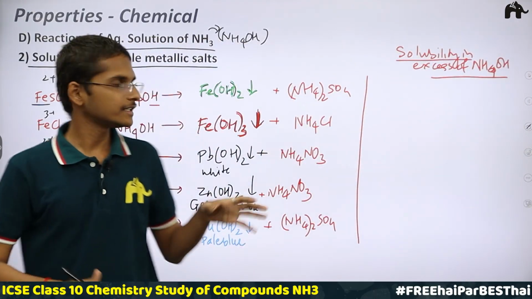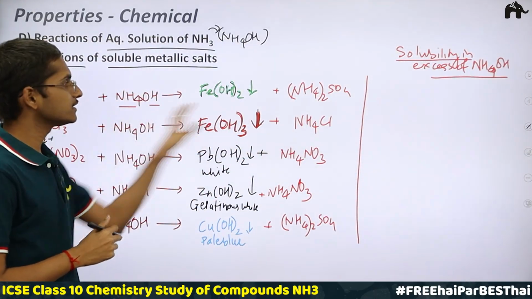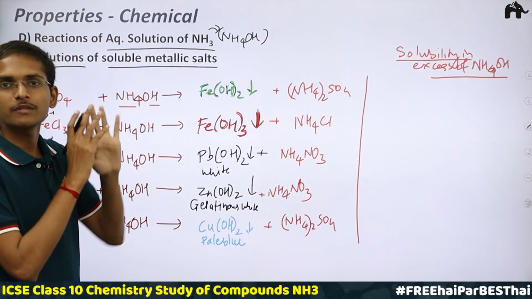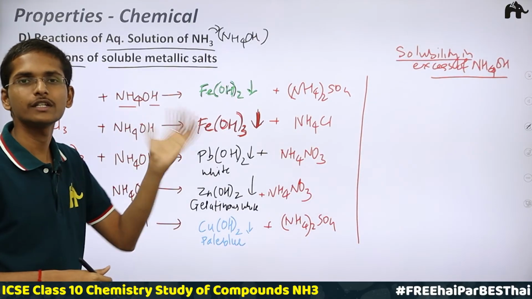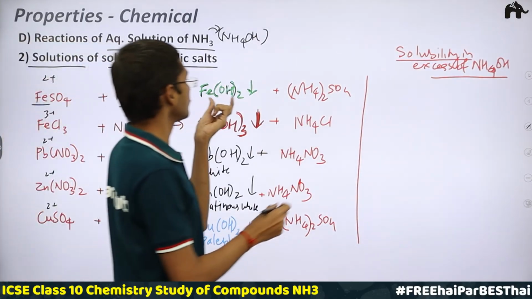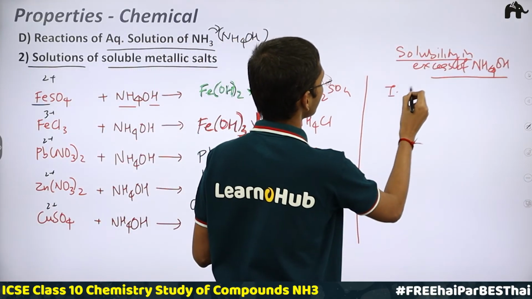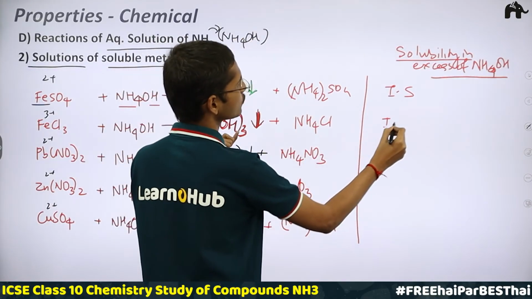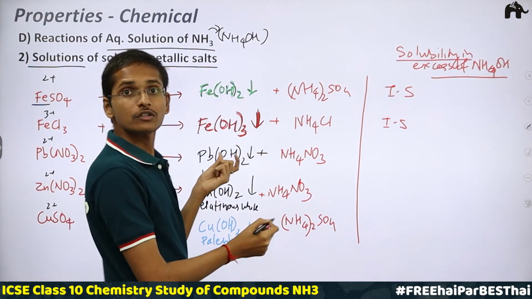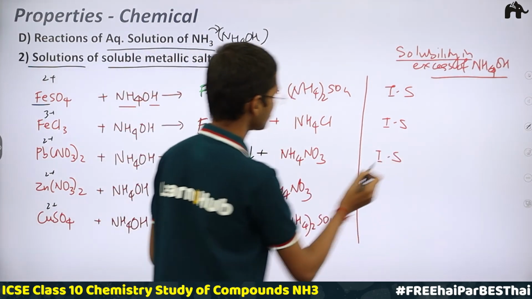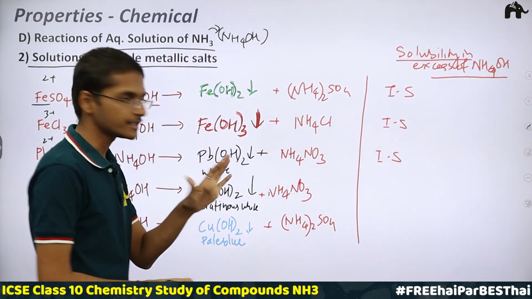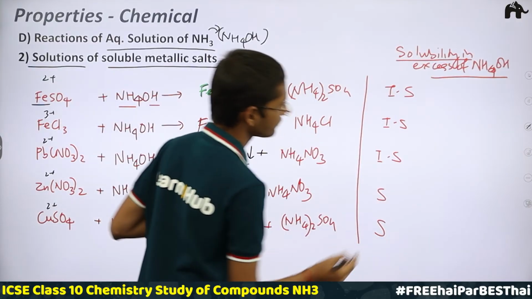No need to get into details, because we have studied in much detail how the precipitates are soluble or insoluble. Fe(OH)2, the dirty green precipitate, is insoluble. Fe(OH)3 is also insoluble. Lead hydroxide is also insoluble. Out of these, only zinc hydroxide and copper hydroxide precipitates are soluble.